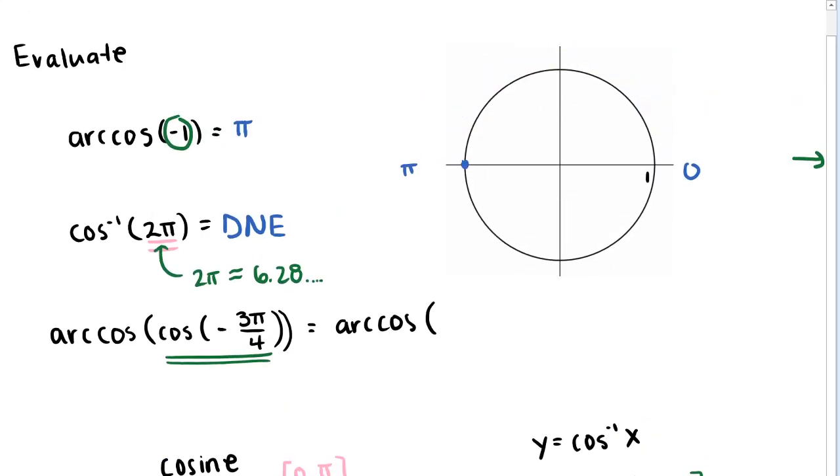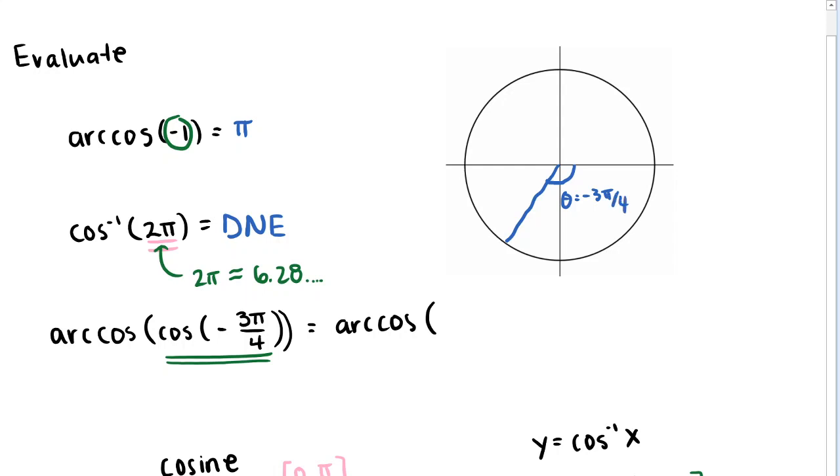Let's use our unit circle here. -3 pi over 4 as an angle is in the clockwise direction of 3 pi over 4. I keep drawing this angle wrong. Okay, so 3 pi over 4 would be here. Theta is equal to -3 pi over 4.